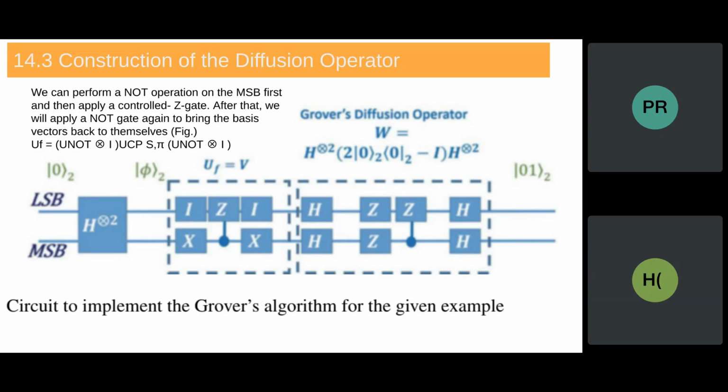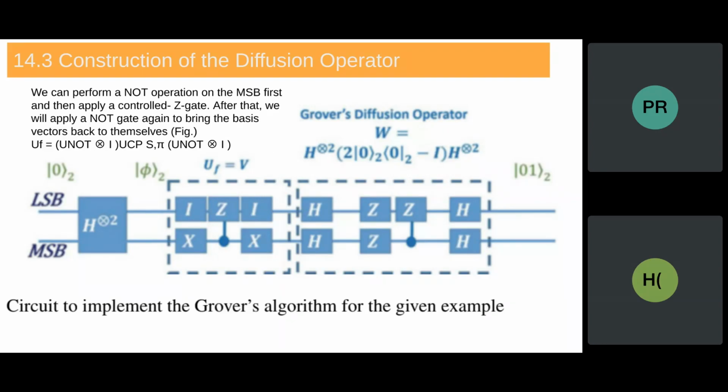But at the end of it, we should get the selection after doing repeated operation. This is not a single operation. This VW may be repeated n number of times, it could be up to root n times, depending on the number of items.